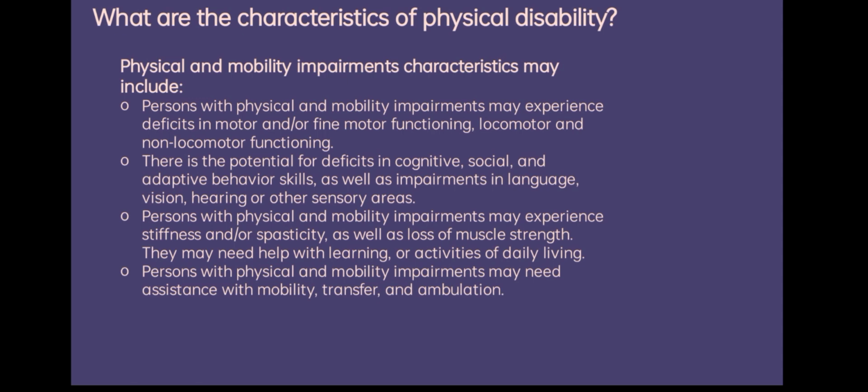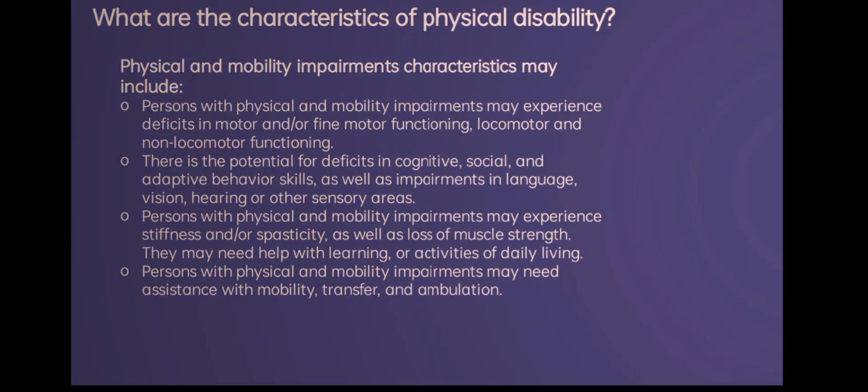They may experience stiffness or spasticity as well as loss of muscle strength. They may need help with learning or activities of daily living, and assistance with mobility transfer and ambulation.